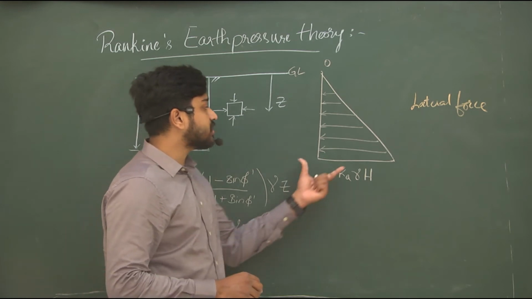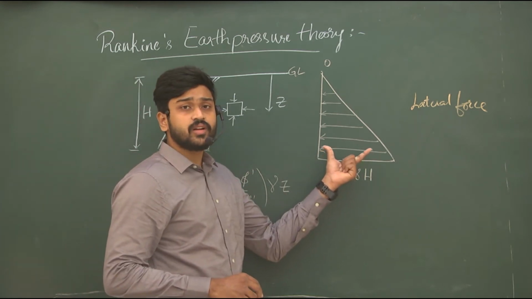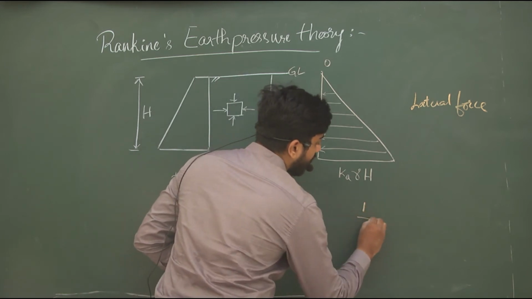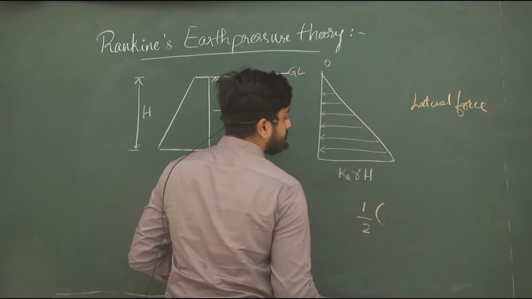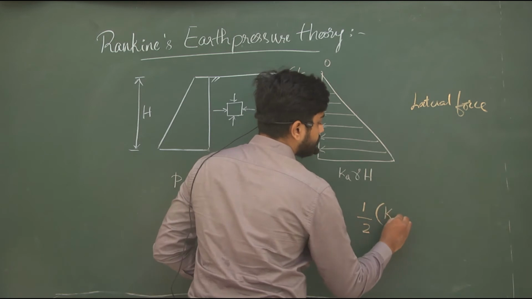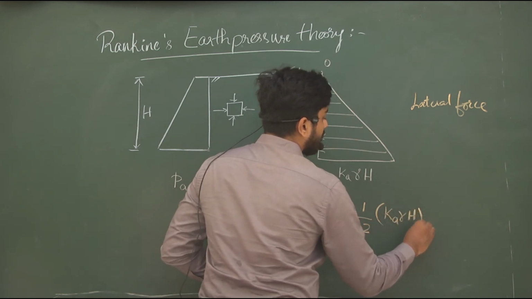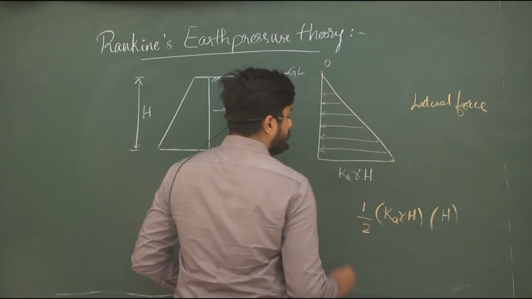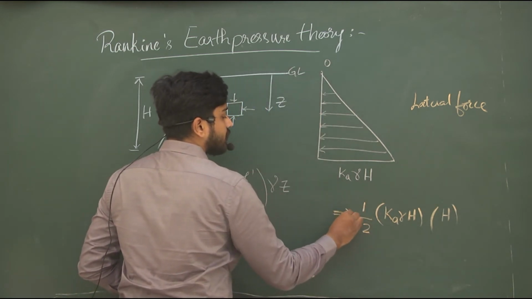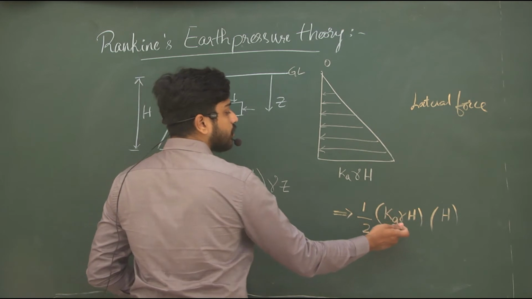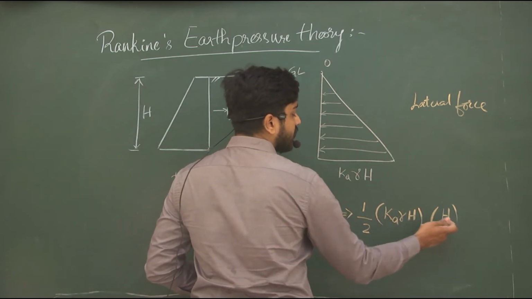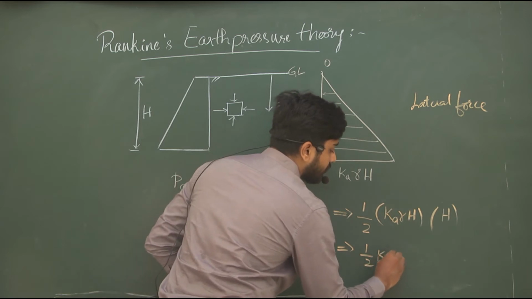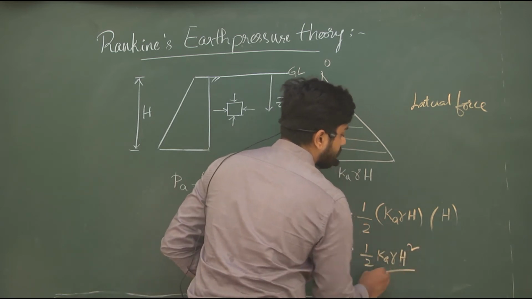If you consider the area of this particular pressure distribution diagram, it will be half into base, which is Ka gamma h, into height, which is h. So the lateral force is now given by half into Ka into gamma into h square. On further simplification, this is half Ka gamma h square.